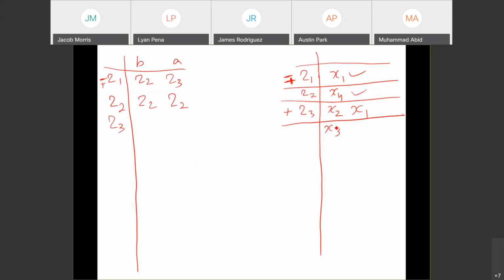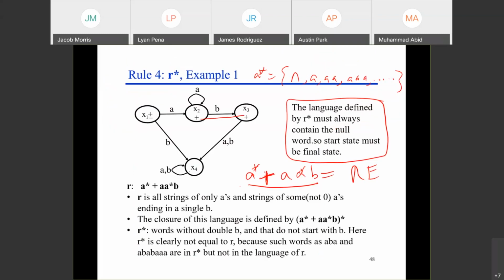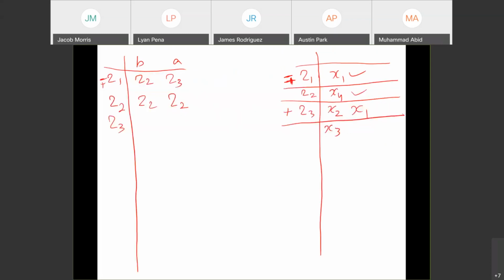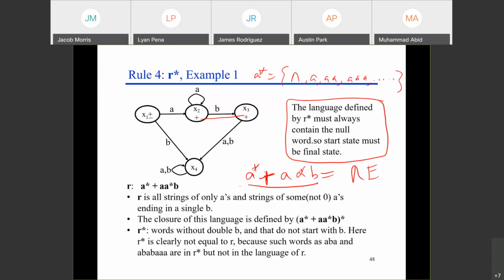X3 is a final state, and we learned that whenever you encounter a final state, you always write the start state with it, which is x1. And now we check this x1 of z3. What happens if you are at x1 and you receive b as input? You go to x4.